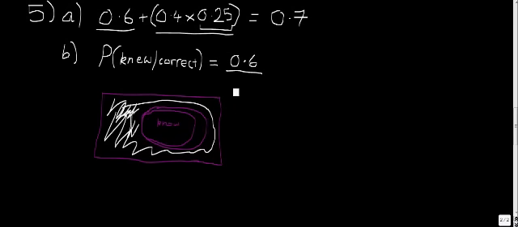So we need to narrow our field, and the way we do that is by dividing by the size of that field, and the size of this field is 0.7. So the answer is 0.6 over 0.7, or 6/7, which I'll leave as a fraction because it's a recurring decimal with like 5 or 6 places.